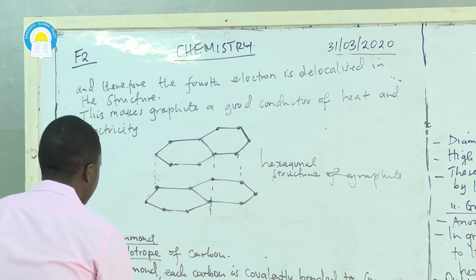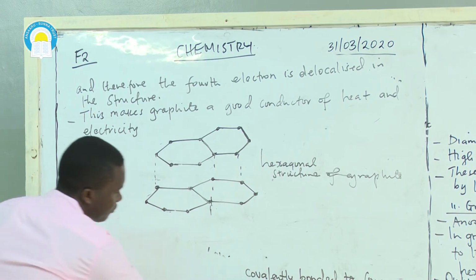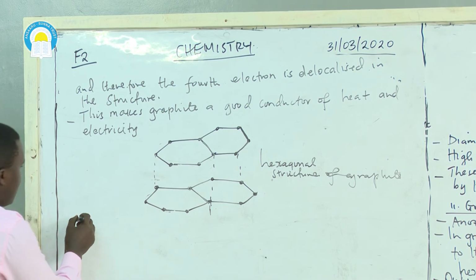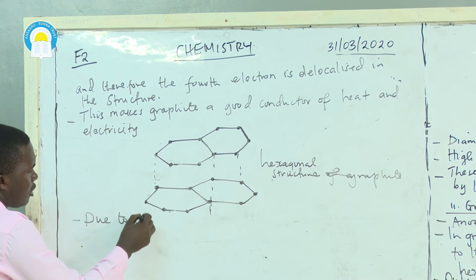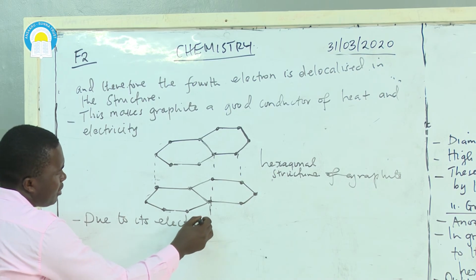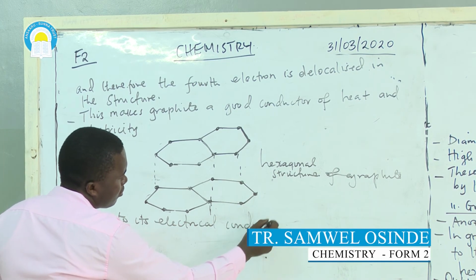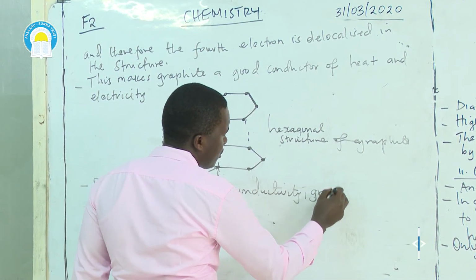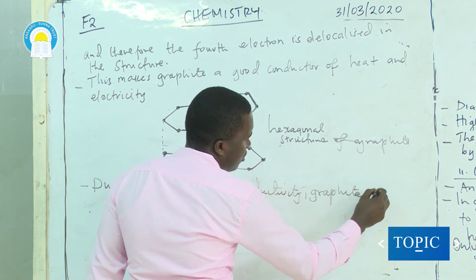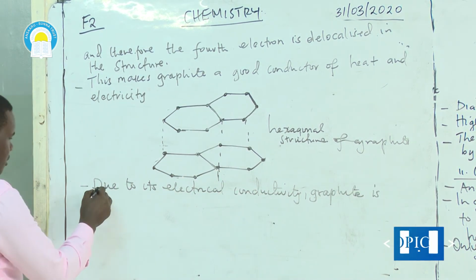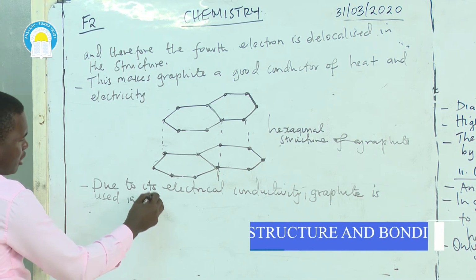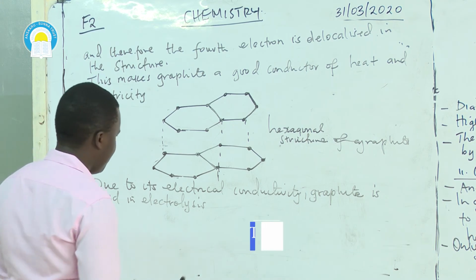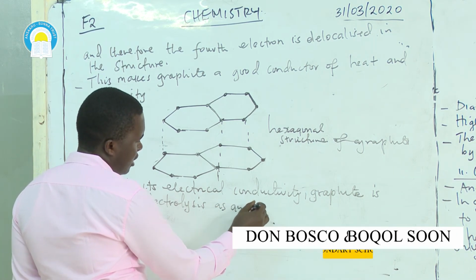Then lastly, just in conclusion, it is also important to know that due to its electrical conductivity, graphite is used in electrolysis as an electrode.